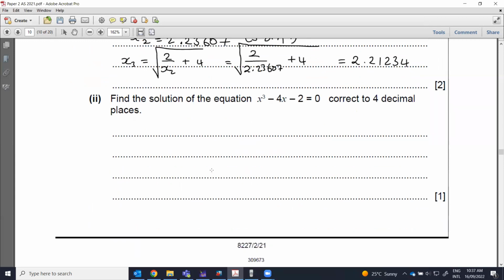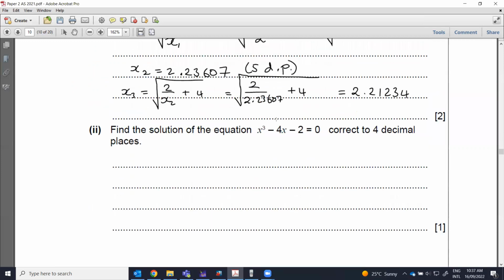Then find the solution to the equation correct to 4 decimal places. Since I've already found x3, I can just work out x4. So x4 is the square root of 2 over x3, then plus 4.